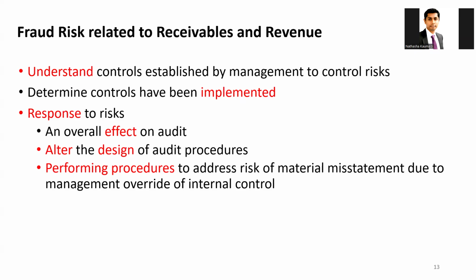You will inspect the documents, you will observe the processes, you will recalculate, you will reperform. Likewise, you are trying to increase the audit procedures. And at the same time, I told you, when you realize that the risk is high, you always try to increase the sample size. Previously, you were planning to go ahead with 25 invoices, but now you are trying to go ahead with 35 invoices, 40 invoices like this.